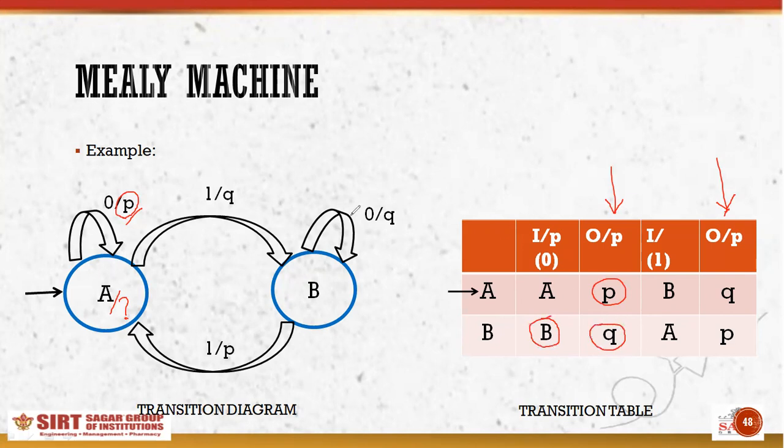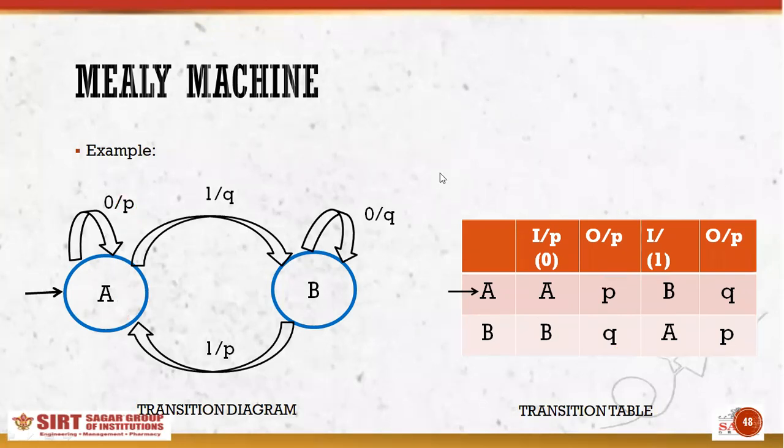So this is the method of making Mealy machine and Moore machine, but there is no difference in the power of these machines. If you say that for some language or some task we can make a Moore machine and we cannot make a Mealy machine, no, there is nothing like that. For every task for which a Moore machine can be prepared, a Mealy machine can also be prepared for that same task.